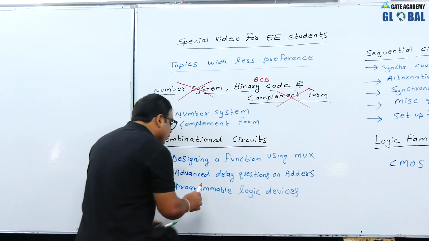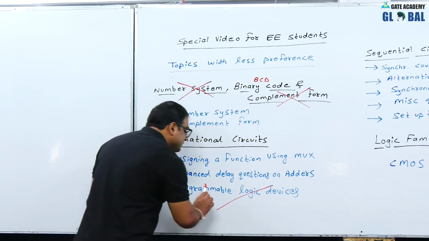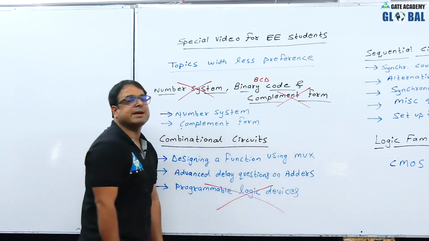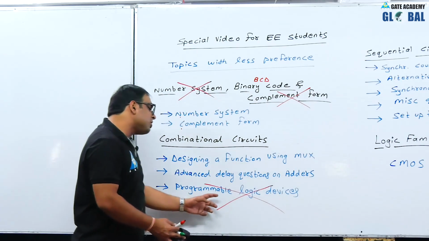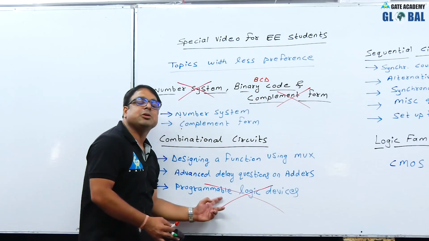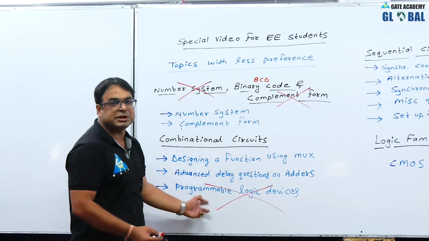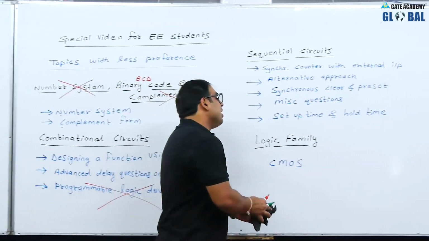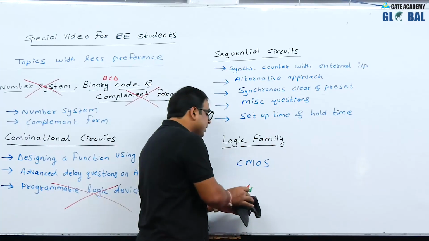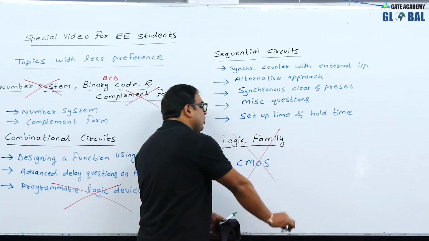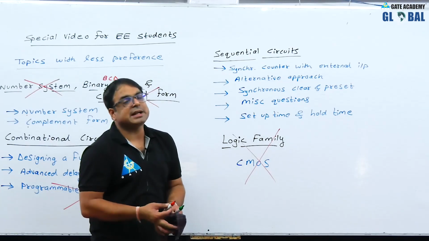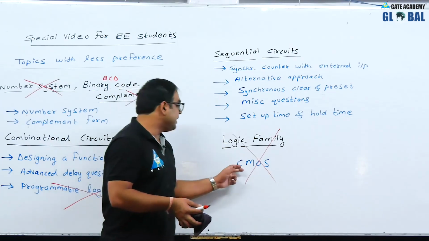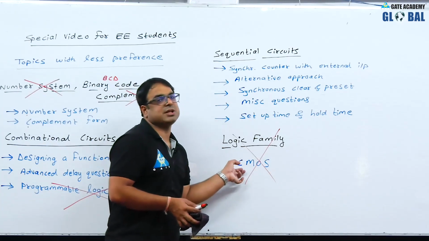So, next what you can completely ignore is programmable logic devices. This is for electronics and instrumentation only. And you can ignore the complete unit of logic family, because for electronics and instrumentation they may be asked the question of CMOS logic family.